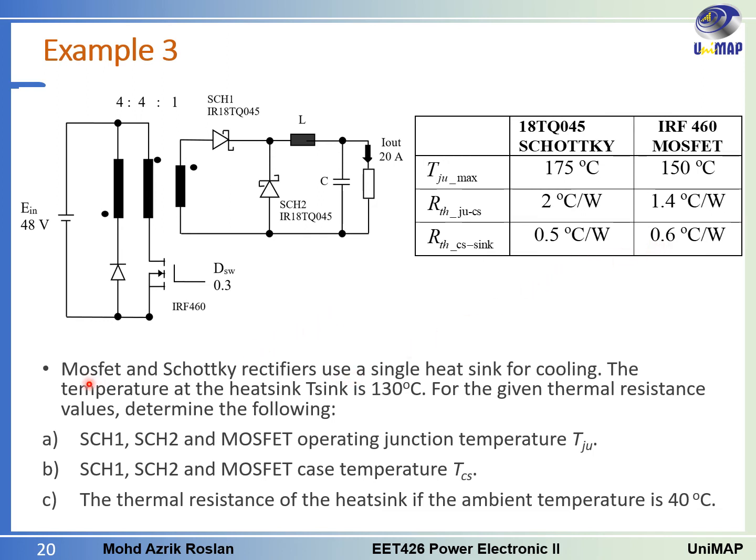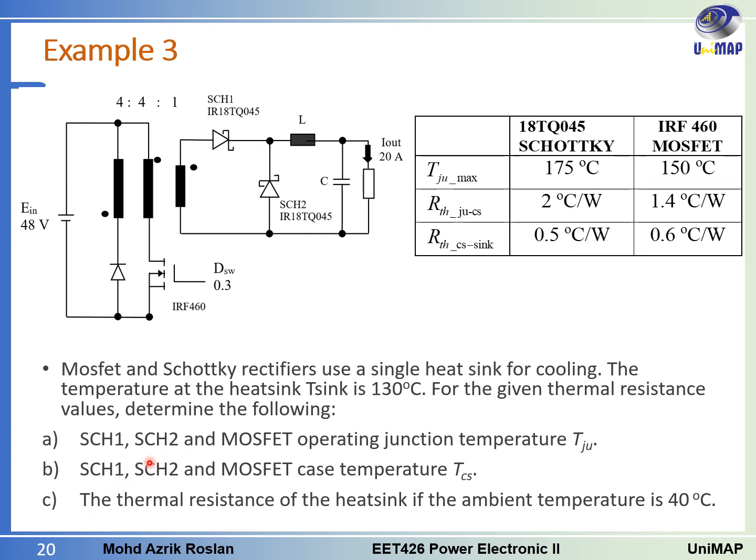So this question is a little bit different, because instead of designing the junction temperature ourselves and then finding the heatsink temperature, this question already gives the heatsink temperature, which is 130 degrees C. Based on the given thermal resistance values, we have to determine the following.